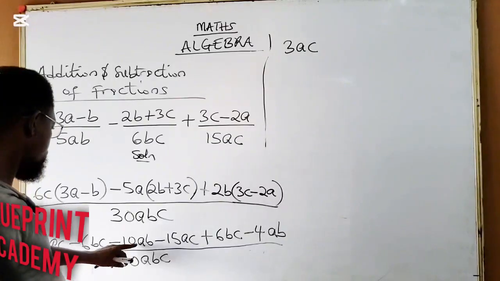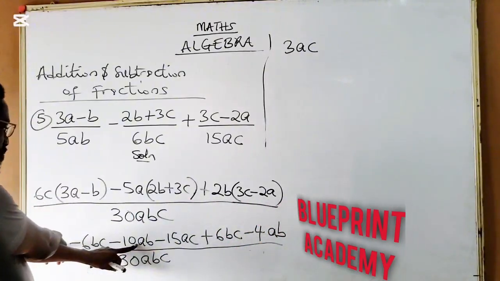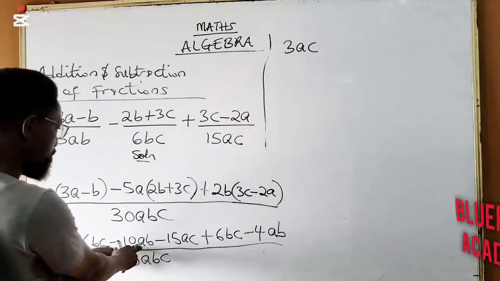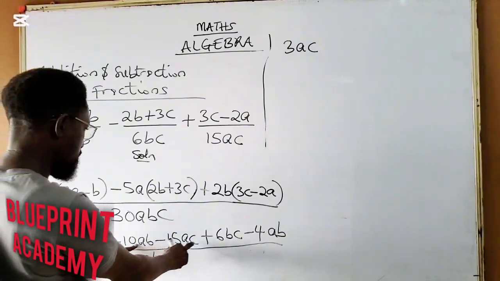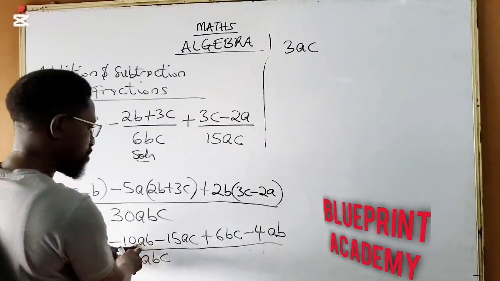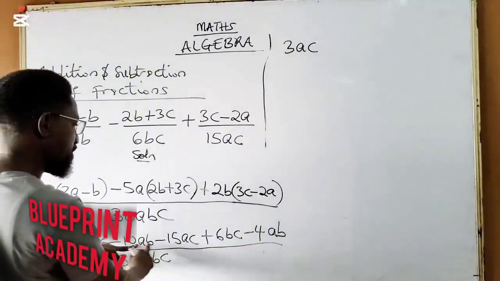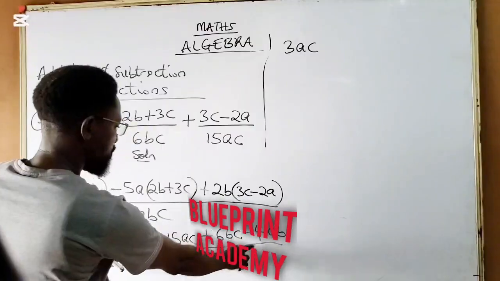AB. Remember this AC? We have used it with this. So we have AB. Let's see if we have AB now. This one has been used. BC, we've used BC. So I'm left with AB. So we have minus 10AB, minus 14.